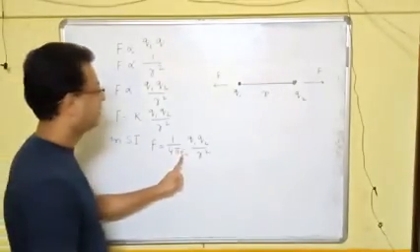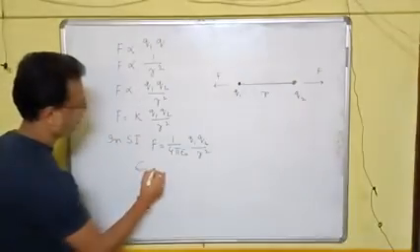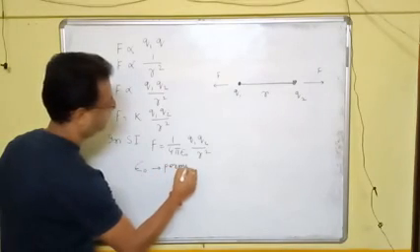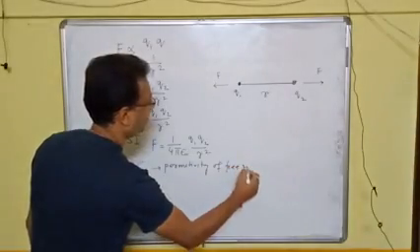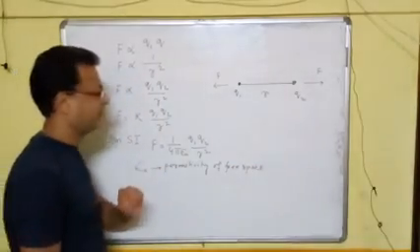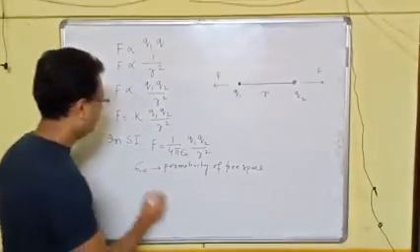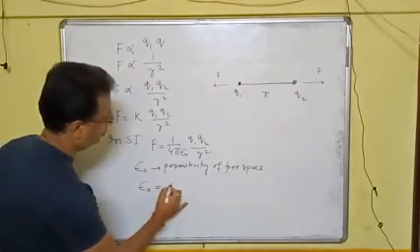Now this constant epsilon naught is known as the permittivity of free space, or constant of vacuum.